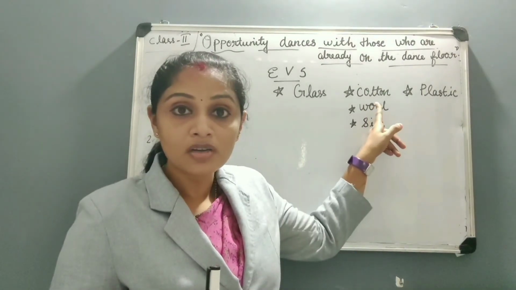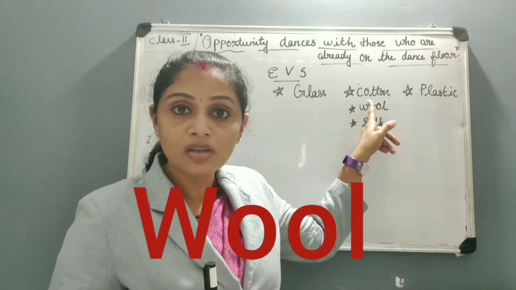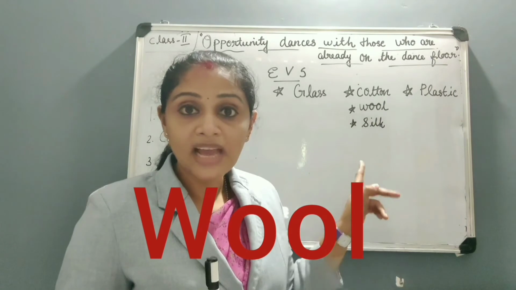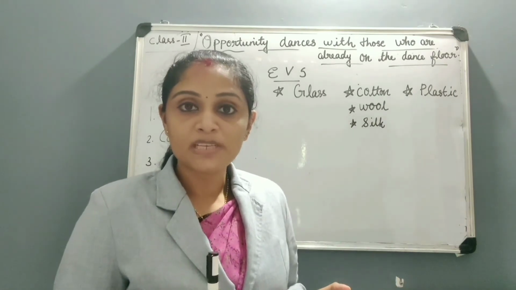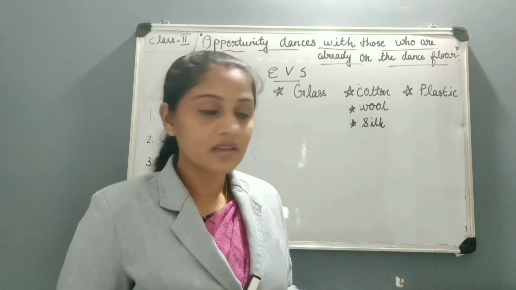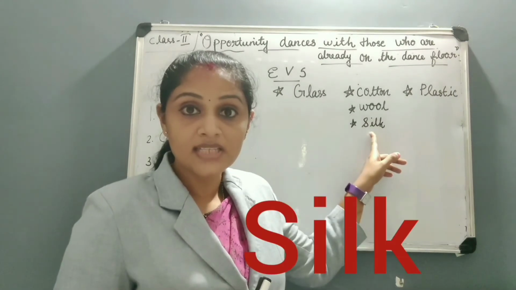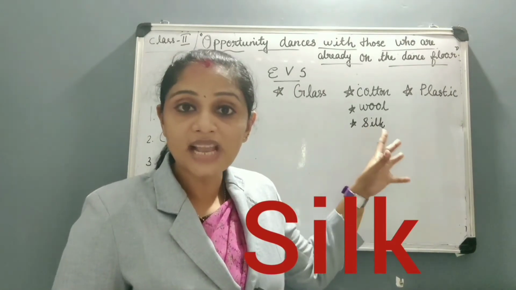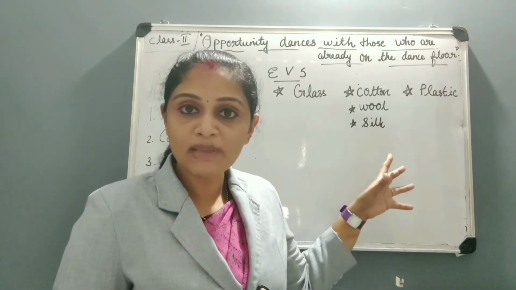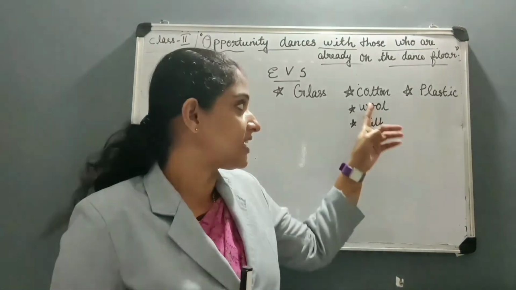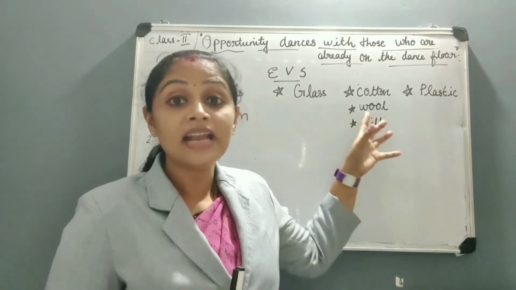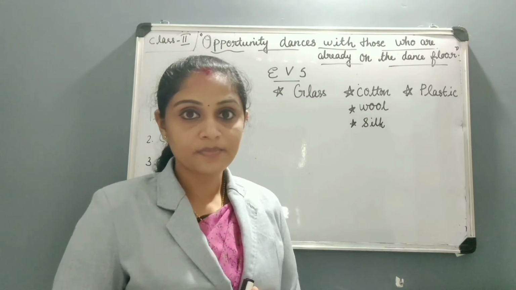Then wool. From where do we get wool? We get wool from the sheep. Sheep is a natural thing. Then silk. Silk we get from the silkworm. Silkworm also comes under natural things. That is why these three are natural materials.